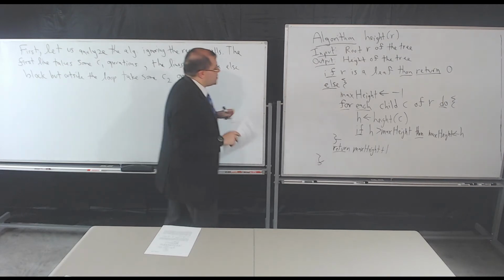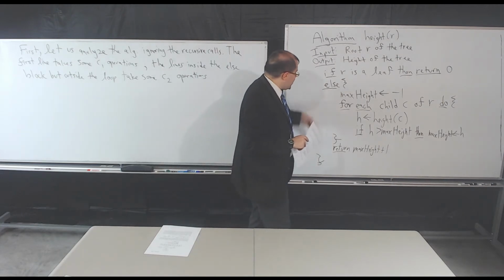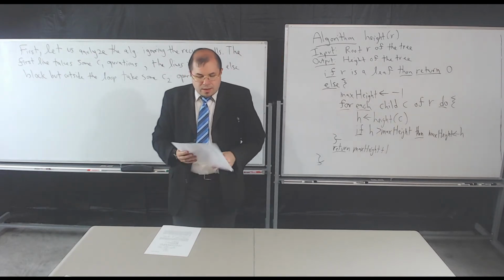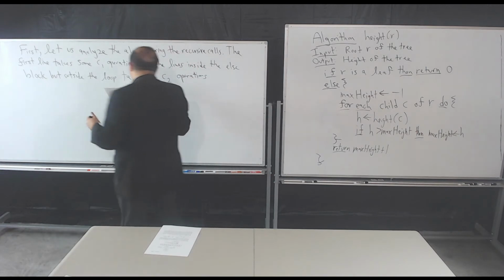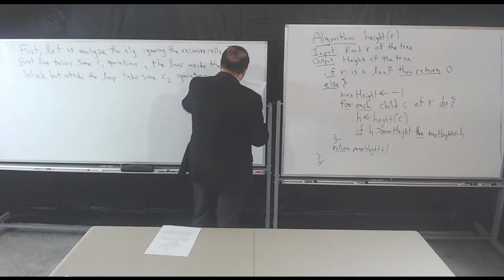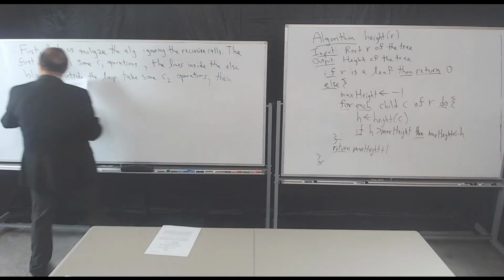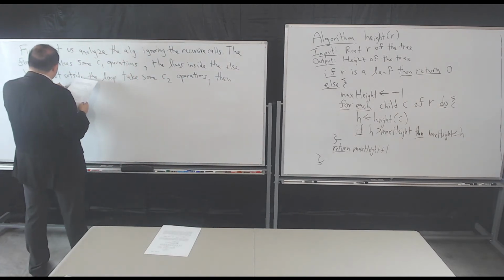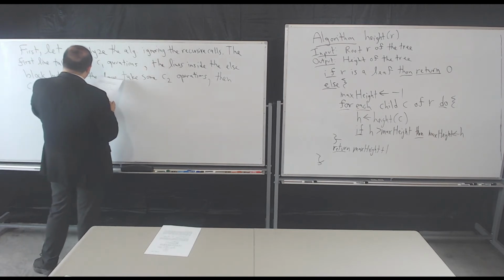So I'm talking about the lines that are occurring inside the else block, but not inside this loop. Then C3 operations inside the loop.